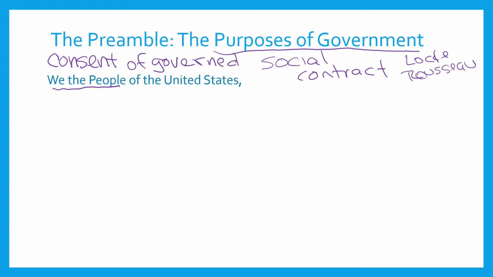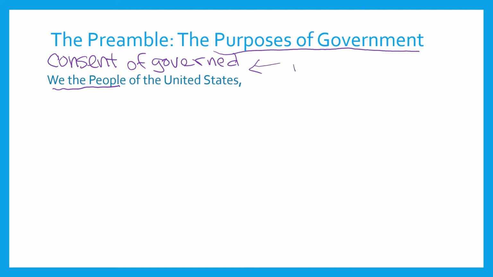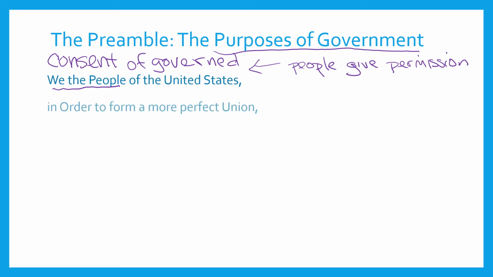Consent of the governed being that people are giving permission for the government. People give permission. We make an agreement. We consent to this.